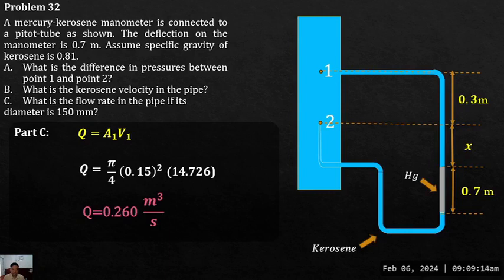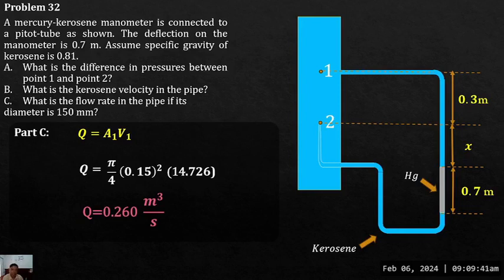Sir, magmamatter ba if sa point 1 yung datum? If you consider point 1 as your datum, pwede naman, no? 0 yung elevation mo sa point 1, tapos negative yung magiging elevation mo sa point 2. In this particular example, negative 0.3. Okay, kahit saan yung point, pwede yon.